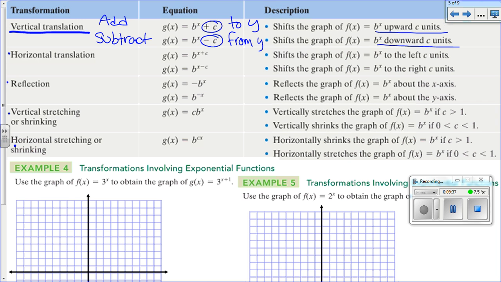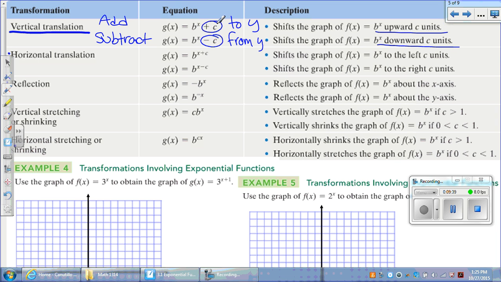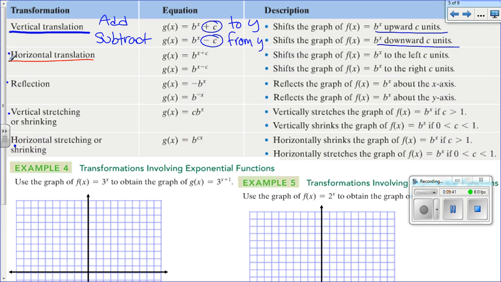Let's go over horizontal translation. For that one, you will have a constant either being added or subtracted to the x. So it will be with the exponent. That one is affecting the x directly, so it is going to be a horizontal shift. This one is counterintuitive.